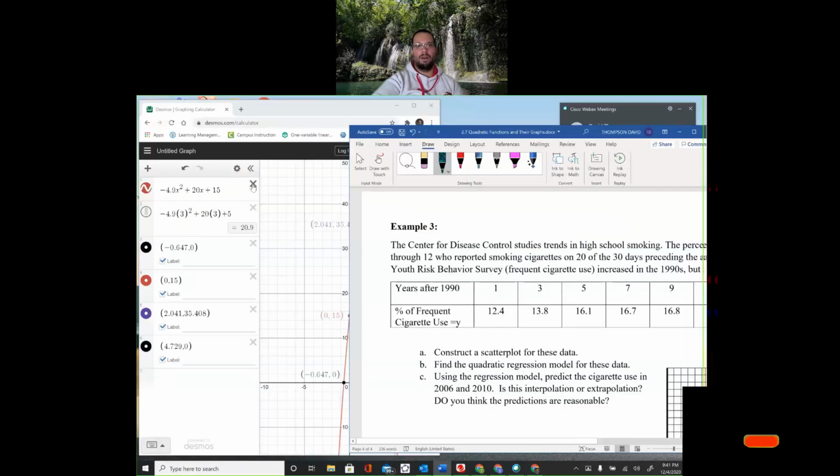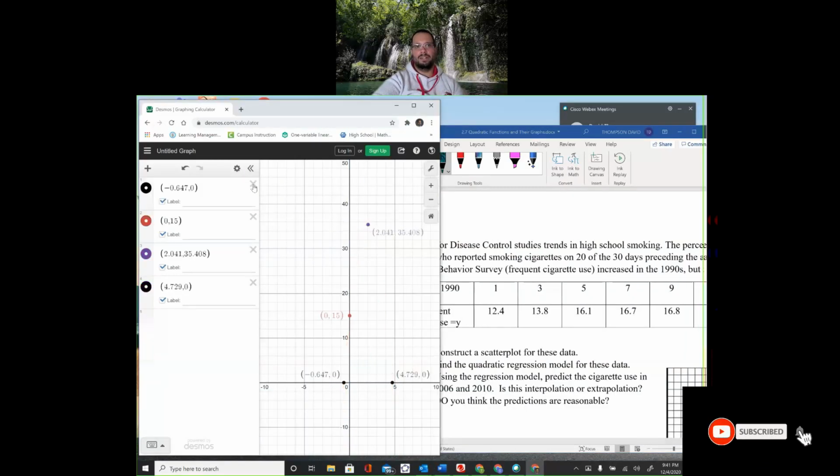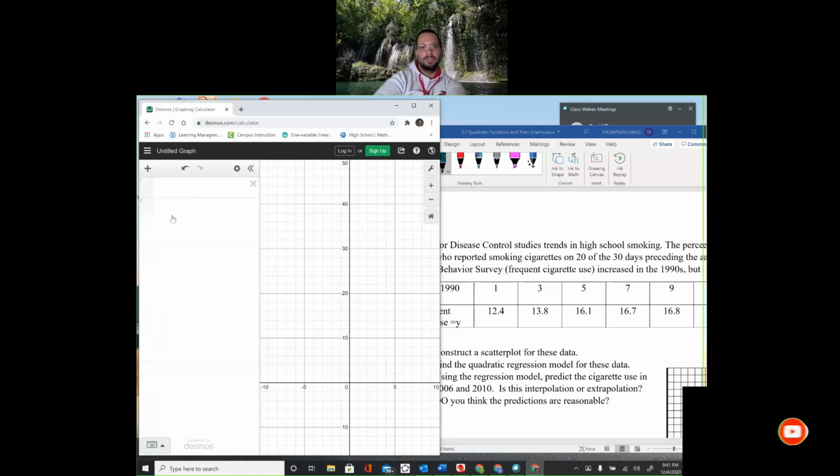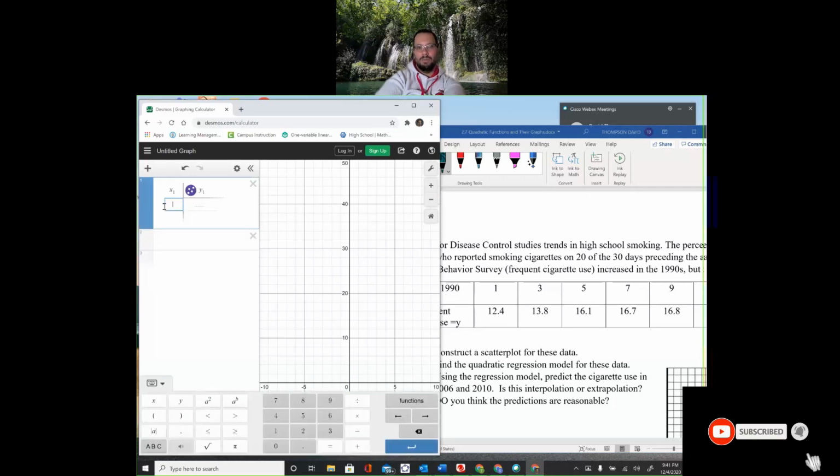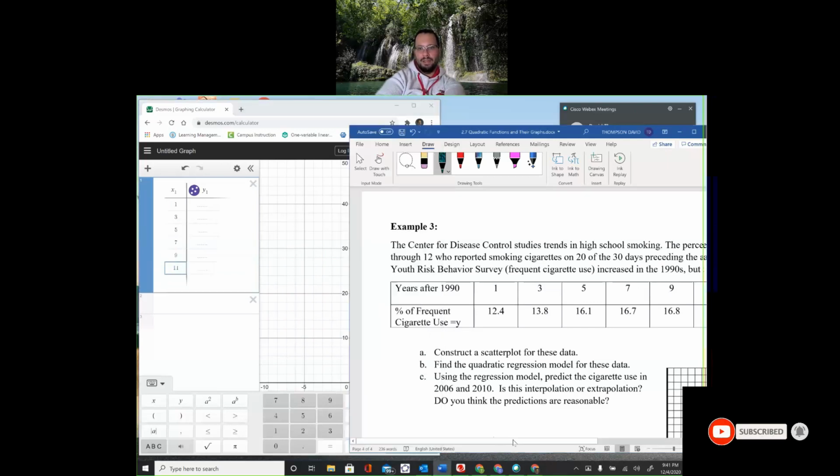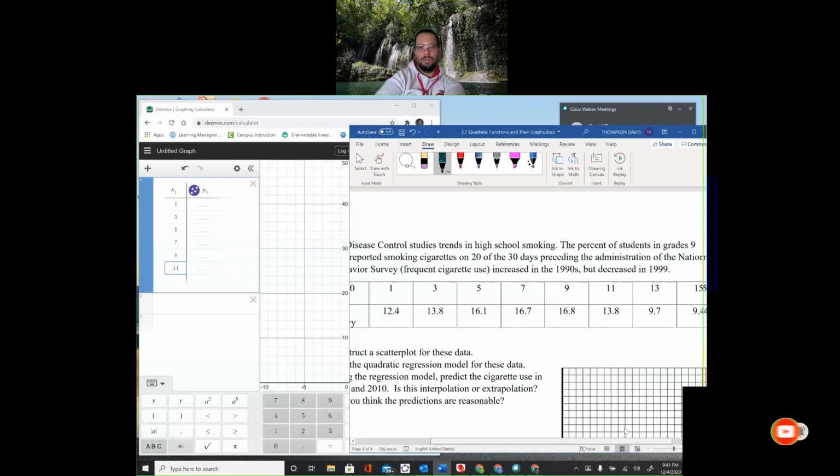So let's clear out all of our old data. So we want to add a table, and we'll just type in 1, 3, 5, 7, 9. Next we have 11, 13, and 15.